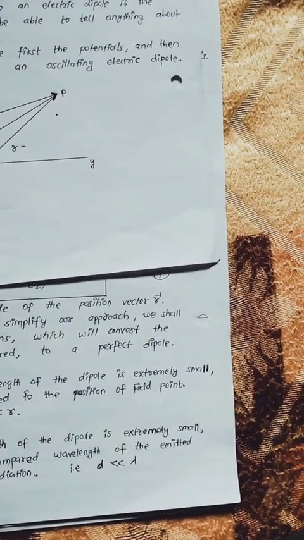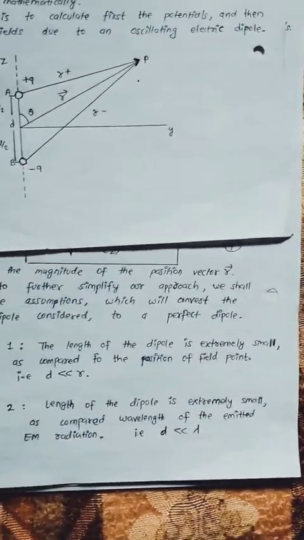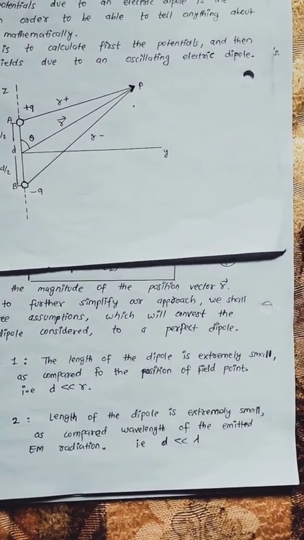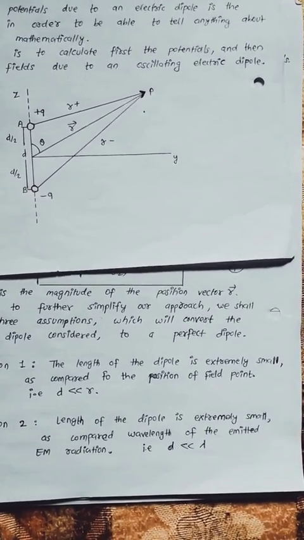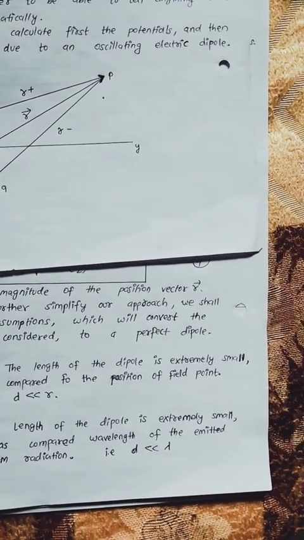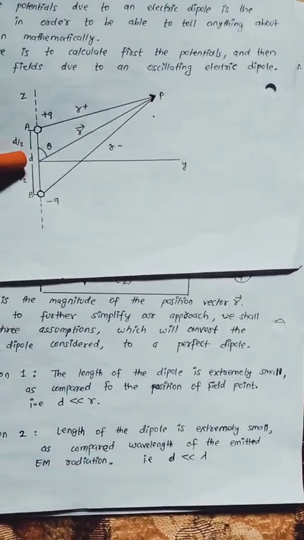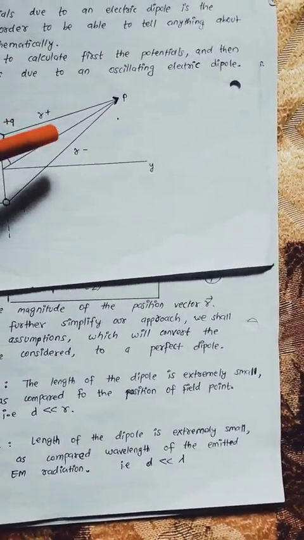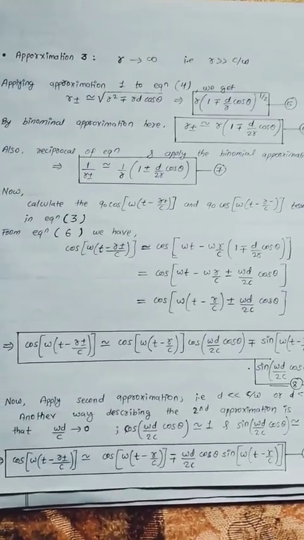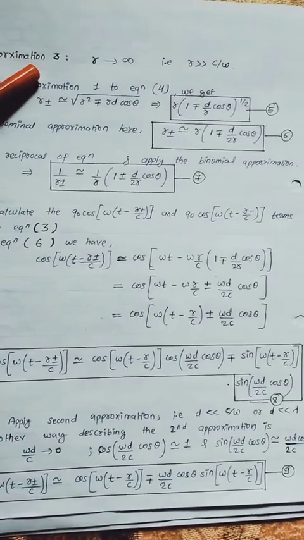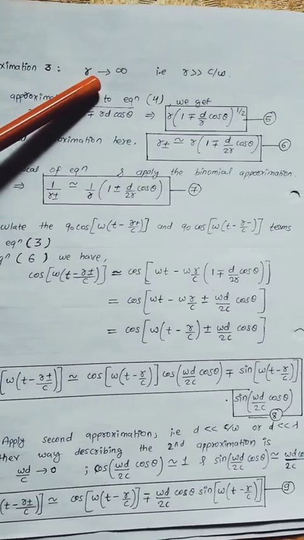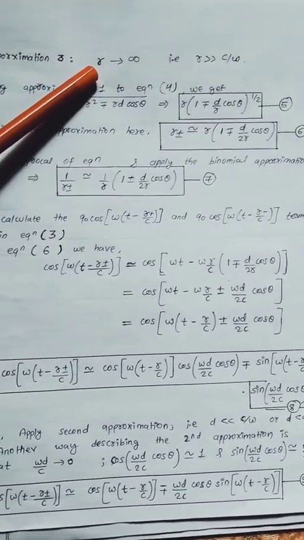The second approximation is that the length of the dipole is extremely small as compared to the wavelength of the emitted radiation. That is, this length, which is the size of the dipole, is very much less than the wavelength of the emitted radiation. And approximation 3 is r tends to infinity, that is, the field point is at infinity where we have to calculate radiation.